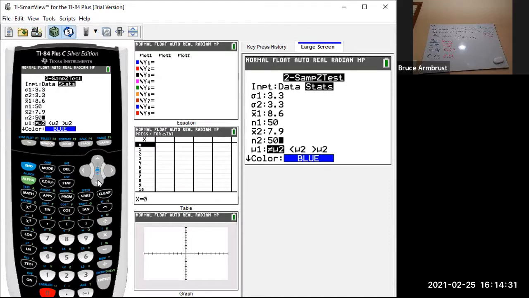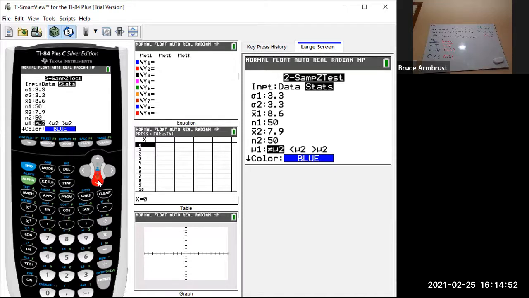Now, those are both equal, but we don't have to have that. Hopefully you remember that when we're creating these, we don't have to sample the same number of people for each group. It's totally fine if they're different. Okay, so now what do we want to test?